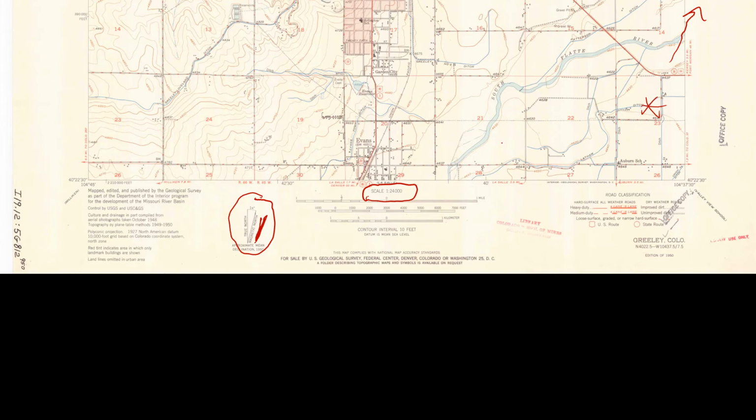Never less than 1, never more than 36. Those are called sections. And a section is 1 square mile. So each side of that square is a mile. It's a really handy way to measure things, okay? So those are sections.